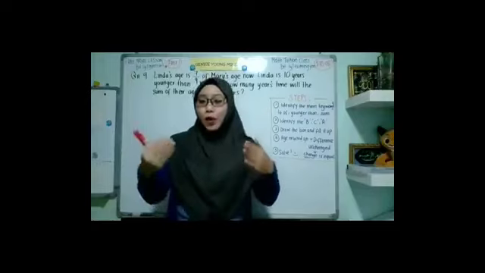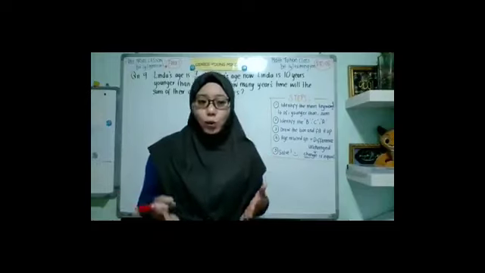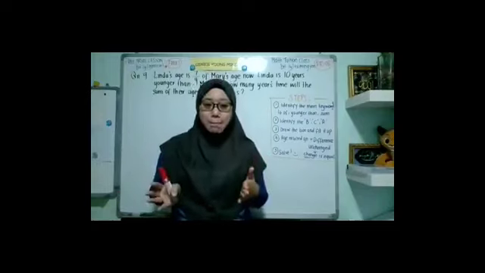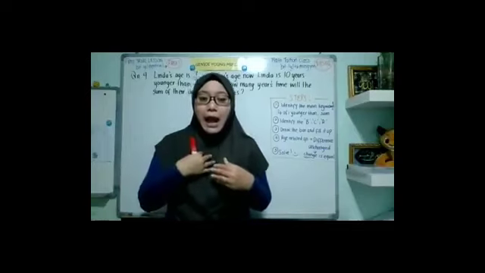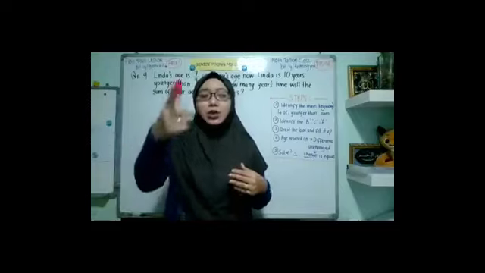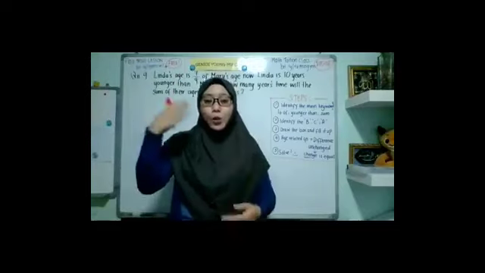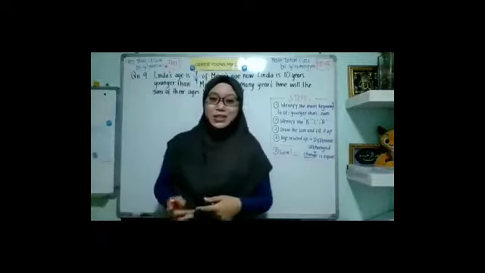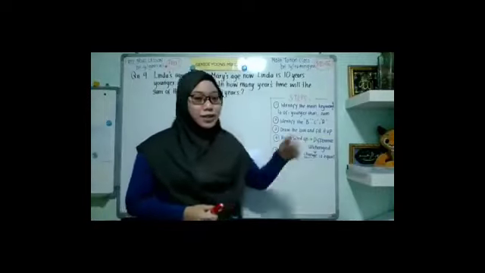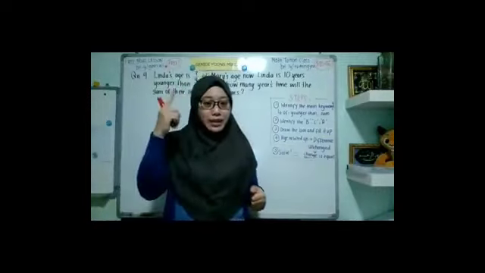So for an age-related question, it's always the difference unchanged concept, because the change will be the same. I plus 2 years, your child plus 2 years. When the change is the same, it is called the difference unchanged concept. Change is equal. Right, so we're going to apply that concept to this question.